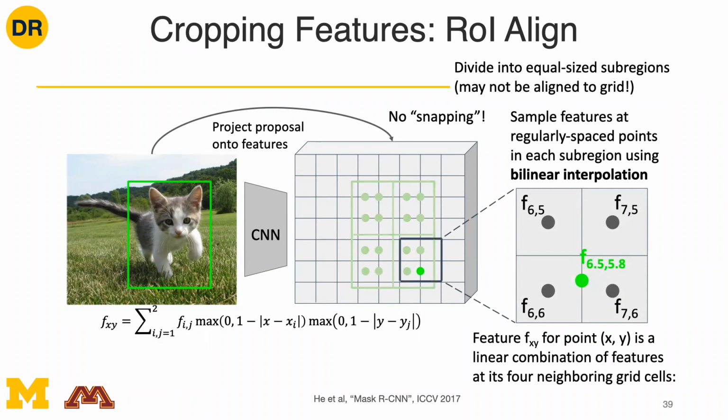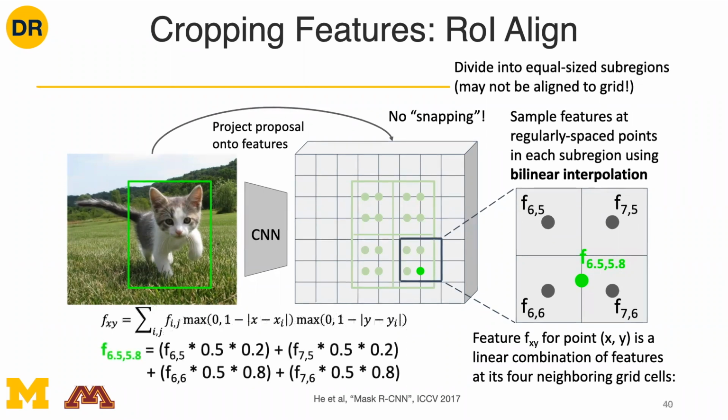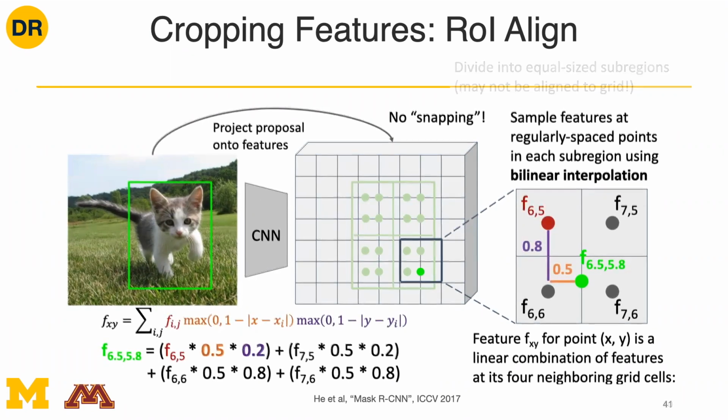You already have features in these locations because you are looking at the feature map, but you want a feature for this particular location. So using the math that is described, which is basically a weighted averaging over all of the features, you will compute, let's say, with respect to this particular feature, which is at a distance of, let's say, 0.8 and 0.5, a weight that corresponds to that feature.